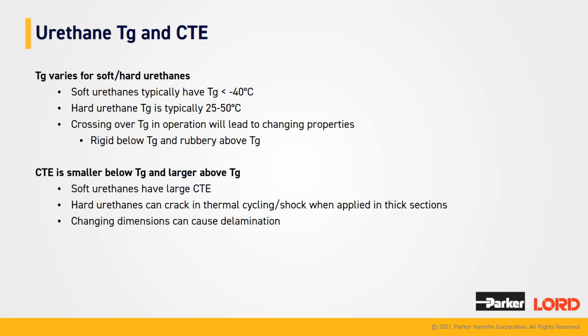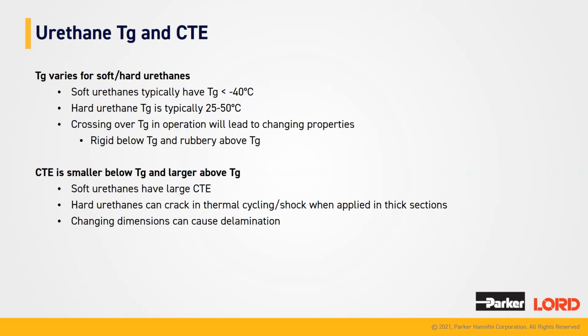It is good to note that if your operation goes through various changes in temperature, this will be reflected in alterations in the urethane's properties due to the crossing over of TG. It is important to remember that the material becomes rigid below TG and has a rubbery texture above TG. In terms of CTE, it becomes smaller below TG and larger above.